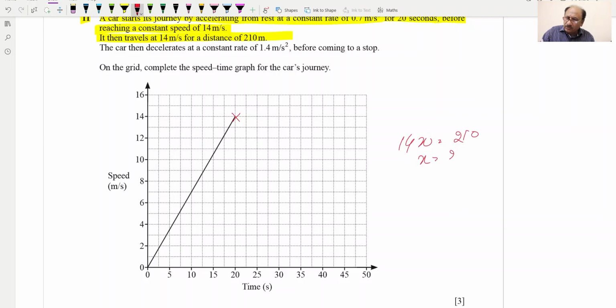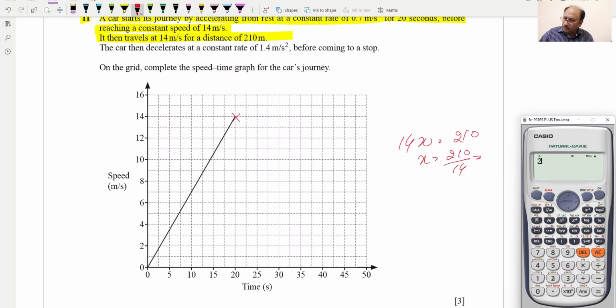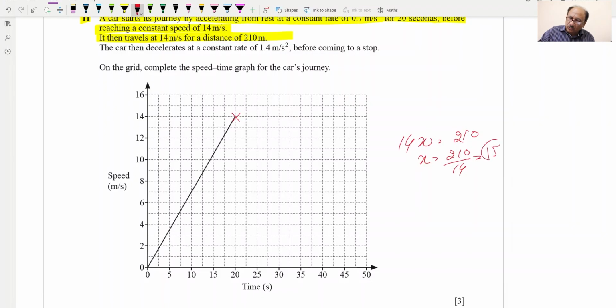So x will be equal to 210 divided by 14, which is equal to 15. So from this 20, we take 15 onwards, so it will be 35. So up to 35 is this one, and we can draw a straight line like this.